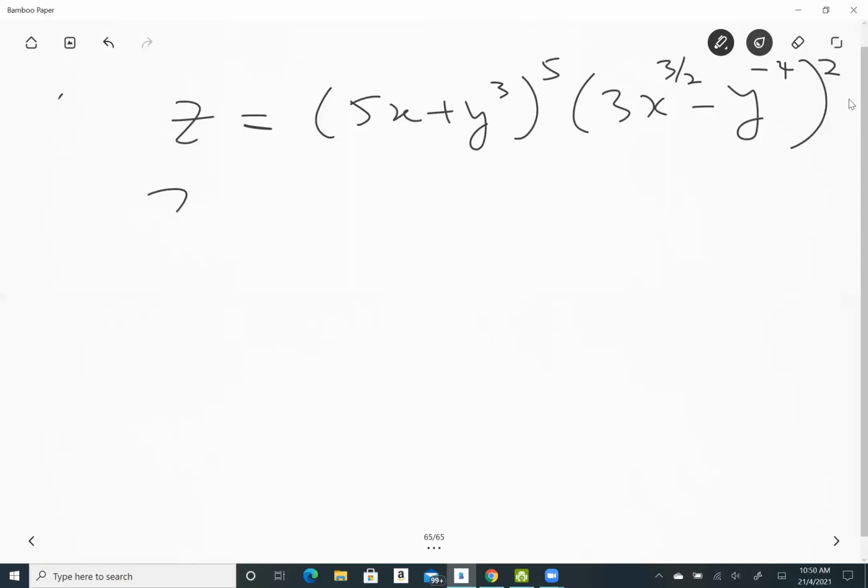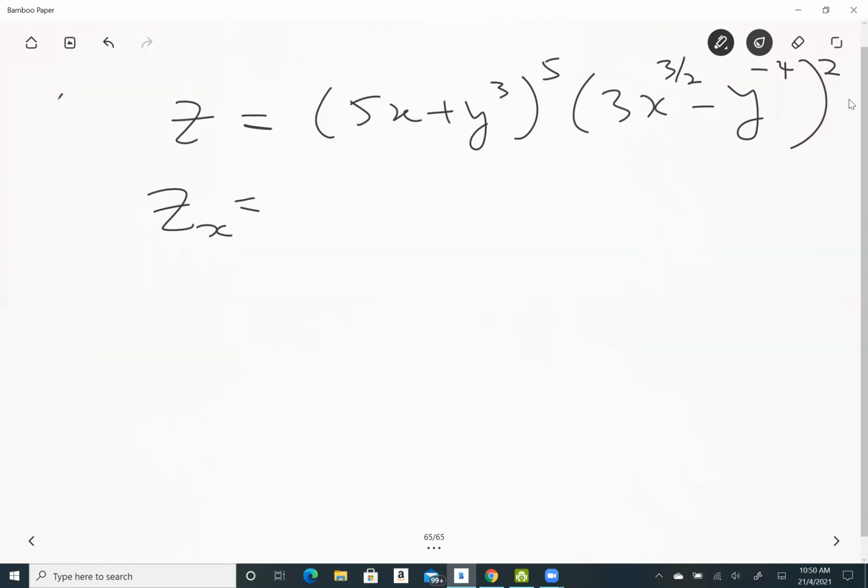In order for us to find zx or zy, we have to apply the product rule. It's not that straightforward. When you apply the product rule, again the concept: you take the derivative with respect to x, y is a constant. You take the derivative with respect to y, x is a constant.